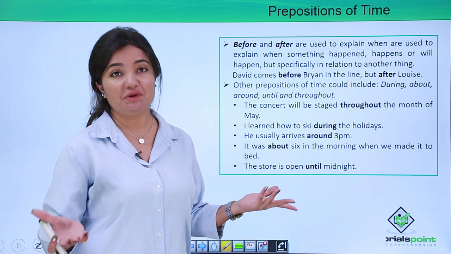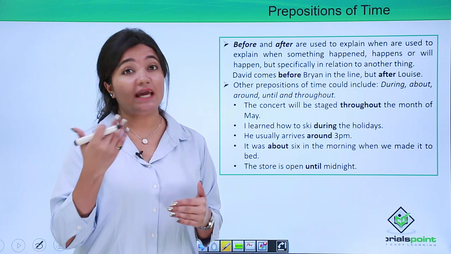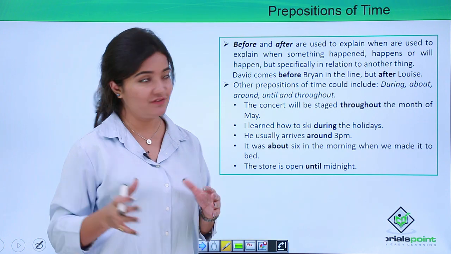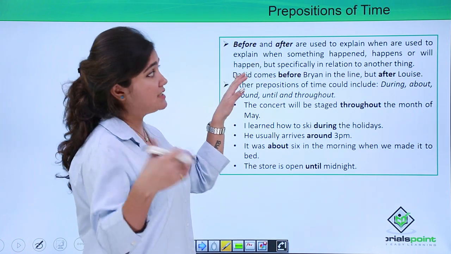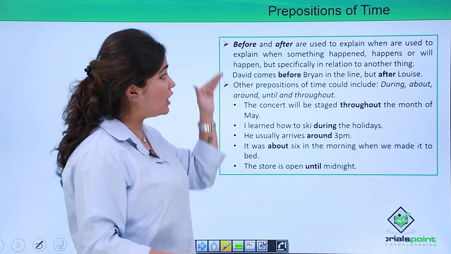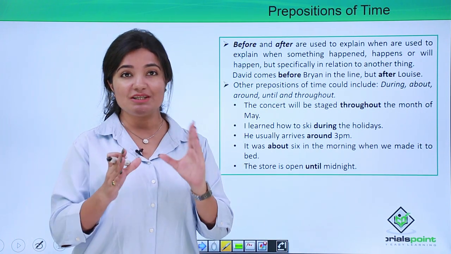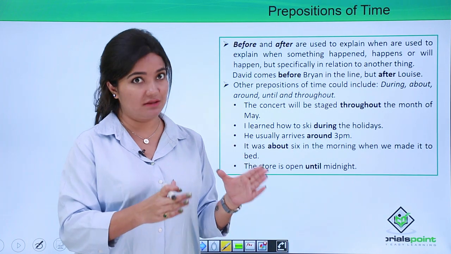So of course, depending upon the context or the time frame that you want to refer to, you're going to use a particular type of preposition of time. Now as I already discussed with you, when do you use before and after? You use before and after when you are mentioning time in relation to a particular thing, right?